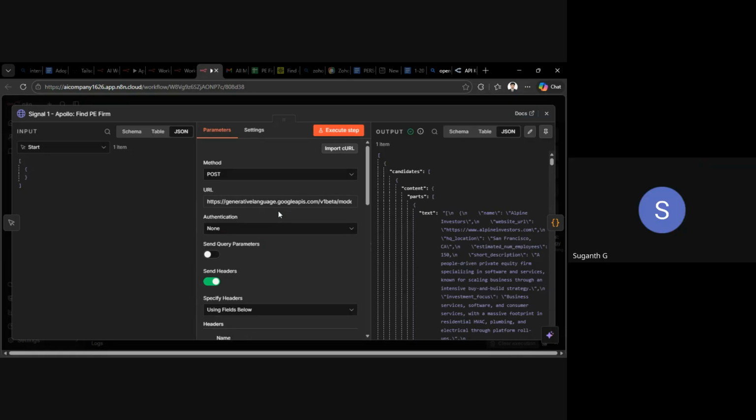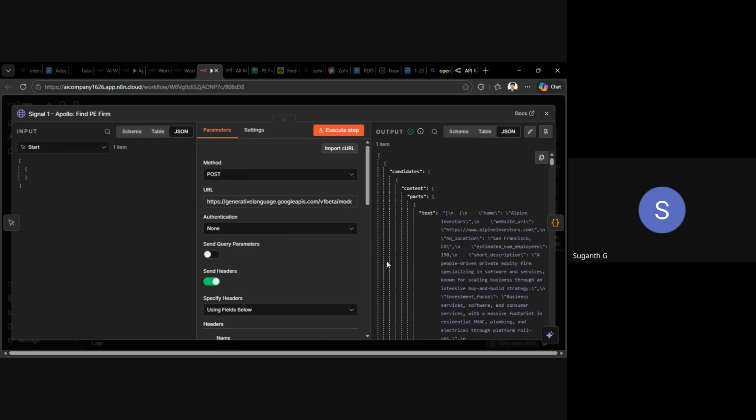Sir, in Apollo, we get an error, like we can only find the equity firms with the venture capitalist firms. So we got a response where we got leads of PE firms plus venture capitalists.